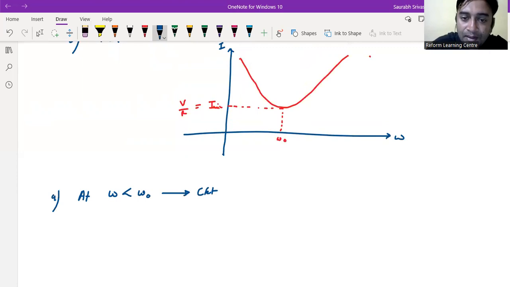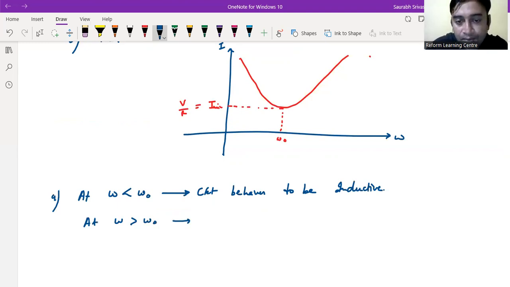Circuit behaves to be inductive. At omega more than omega naught, higher frequencies, circuit behaves to be capacitive.